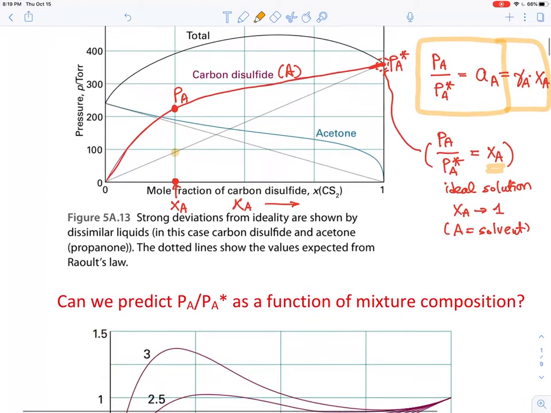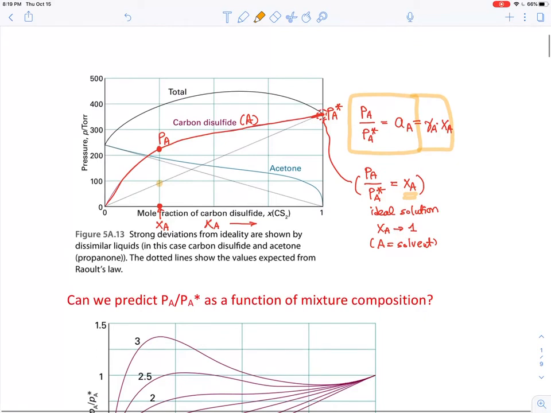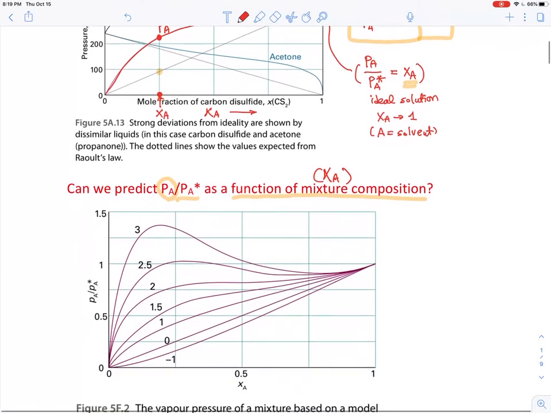So really the question is, can we predict the partial pressure, normalized by the pure vapor pressure, as a function of mixture composition, for example XA? Can you predict that? The answer is yes. Okay.